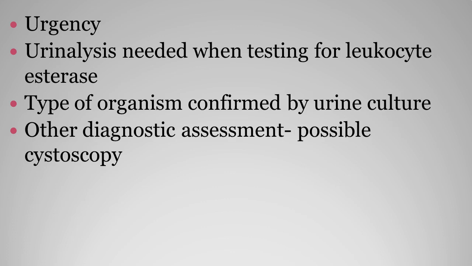If these infections get real bad, these patients can also develop suprapubic, pelvic, or back or flank pain. And many times, as these patients who are elderly get a UTI, they can have extreme changes in their mental status, which could give you an idea that maybe they're becoming uroseptic.